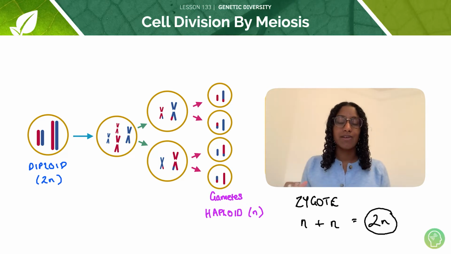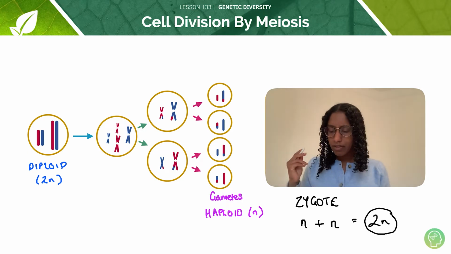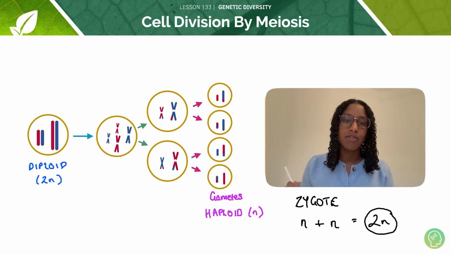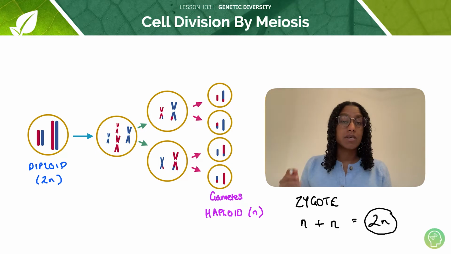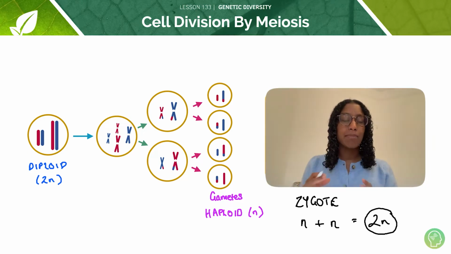This is why meiosis is so important. It makes sure that gametes have half the number of chromosomes compared to a normal body cell, so that when the gametes join together, they have the normal diploid number of chromosomes as a zygote.